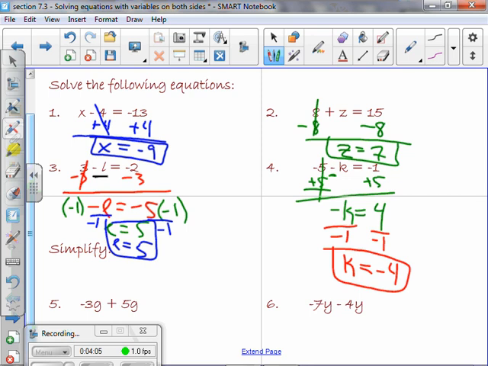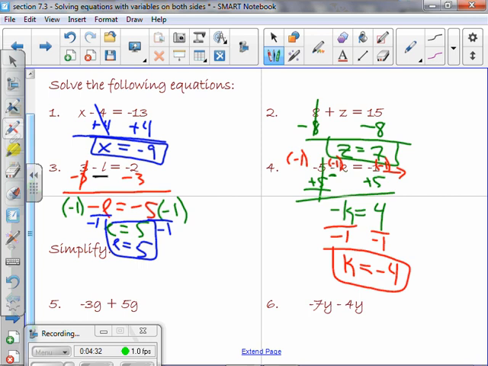For those of you who are curious, I could have gotten the exact same answer by doing this instead. Negative 5 minus k equals negative 1. I will just multiply every term by negative 1. We've already seen that you can do the same thing to every term as you would like to. Instead of negative 5 minus k equals negative 1, a lot of negatives, everything would be positive.